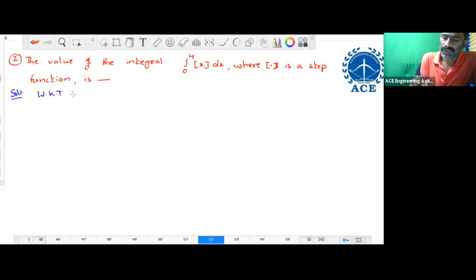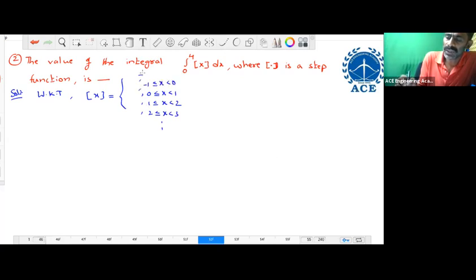We know that step x equal to 0 when 0 less than or equal to x less than 1, 1 when 1 less than or equal to x less than 2, 2 when 2 less than or equal to x less than 3, and so on. Minus 1 when minus 1 less than or equal to x less than 0, minus 2 when minus 2 less than or equal to x less than minus 1, and so on.